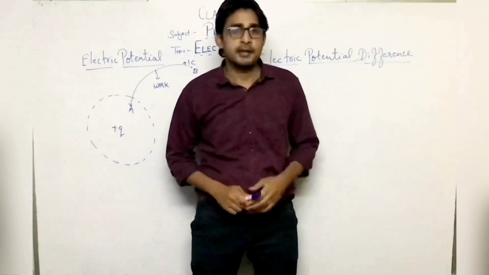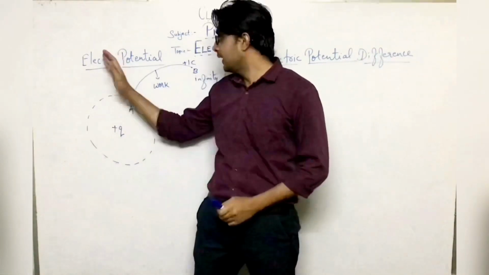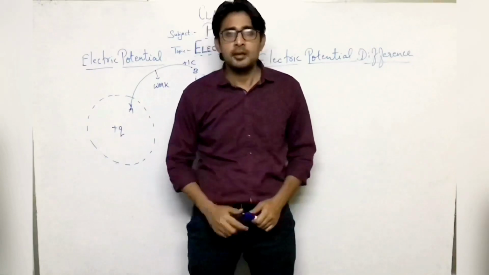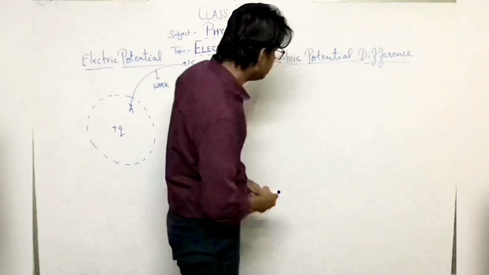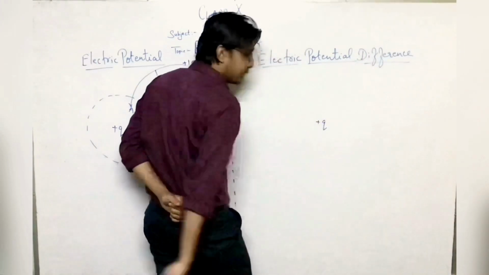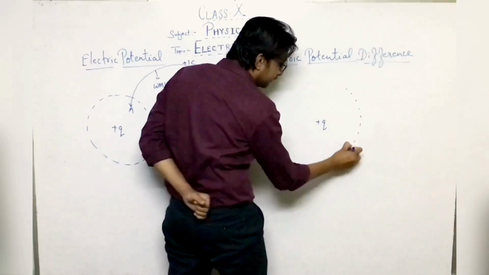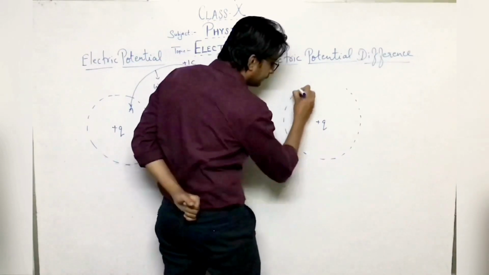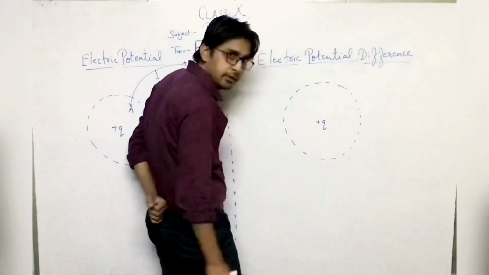Now I will define electric potential difference in the same way I defined electric potential. There is only a little difference. Let us see. Here also we will consider a charge plus Q. There will be an electric field around it, space or a region around it.